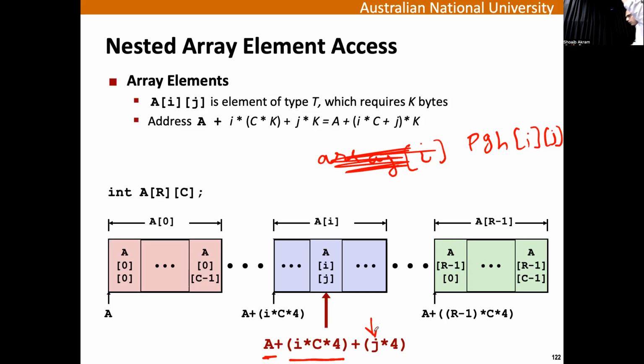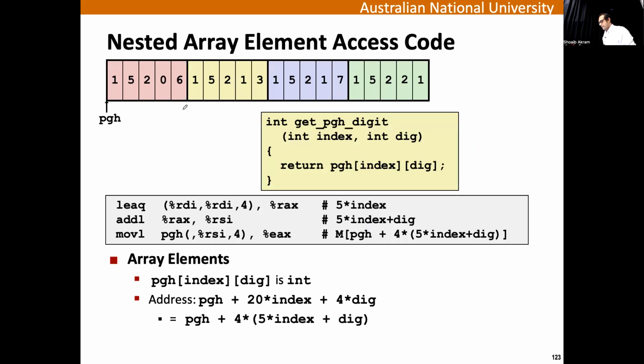So how will my code look? Same as before, 5 elements in the array. This time, I'm going to add the column index and then scale the whole thing by 4 and add the base address of the array. And this will give me the address of the specific element at the intersection of a row and a column. The function provides me with the index, which is a specific row, and the specific digit inside that row.